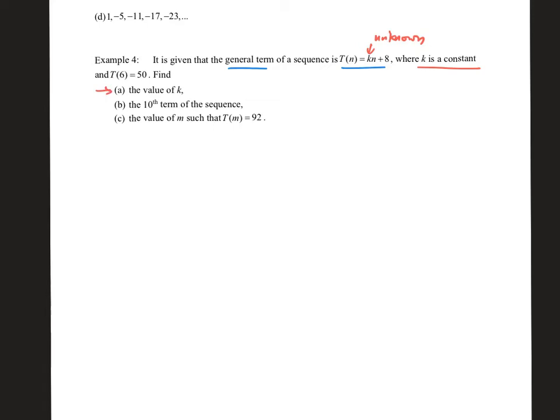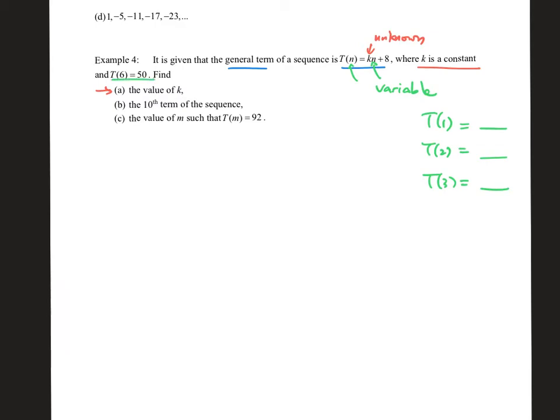Can you see it's asking in part A. And then the n is a variable. That means you're talking about T1, T2, T3. T1, the first number, you can calculate it. T2, you put n to be 2, you get another number. T3, you put n as 3 to get the third number, etc.